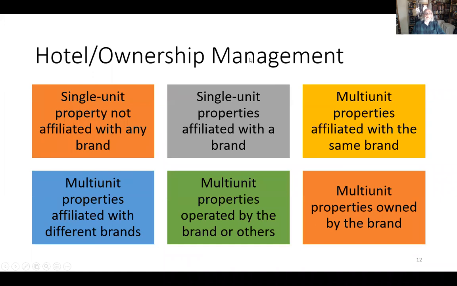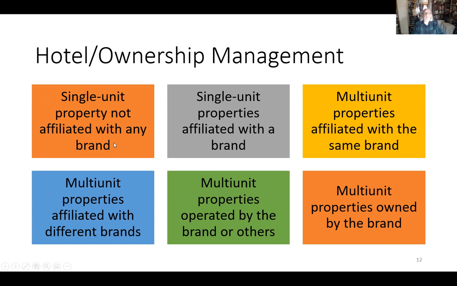As we see here, how about the physical facilities themselves? Let's talk about that just a little bit. As you can see here, a single unit property, not associated with any particular national brand. This would be maybe a sole proprietorship, a partnership. It just exists in one place only.